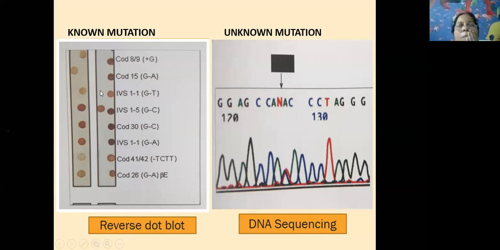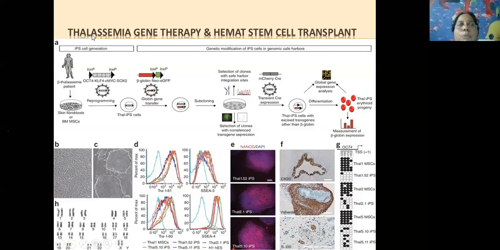So when you know this area contains these mutations, you can do a reverse dot blot. When a person is coming with thalassemia but is not from my endemic area, not from the thalassemia hotspot, you have to do DNA sequencing to find out what that mutation is.